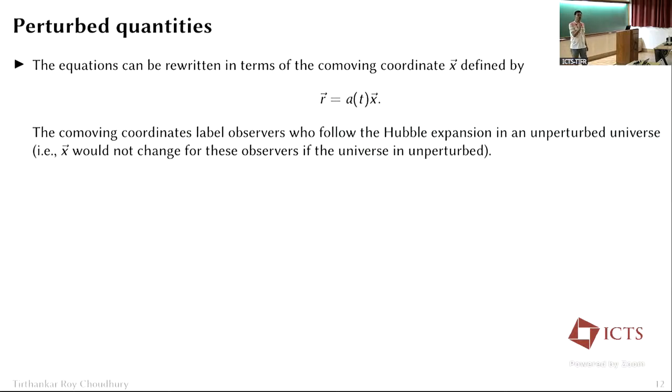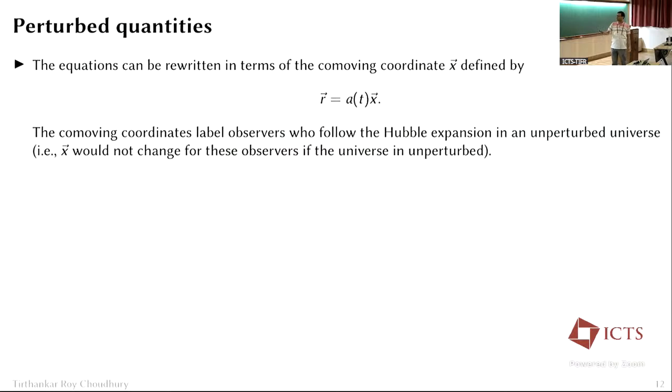Mathematically, the most convenient thing to do is to go to a coordinate system known as co-moving coordinates. The true coordinate is r, but that encapsulates the expansion of the universe as well as any local motions. So you want to take away the expansion of the universe. You say r is equal to a times x.